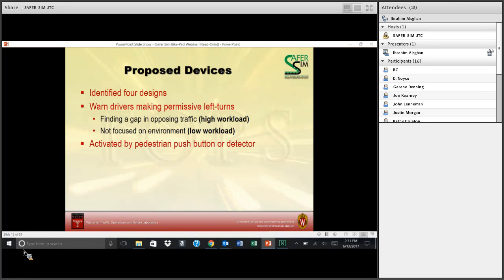Okay, so as a driver trying to turn left, you are focusing your attention totally on the oncoming vehicles and the opposing traffic. That may yield a higher workload, and you may not be able to detect a pedestrian because you are focusing your attention on oncoming vehicles and trying to find a gap.